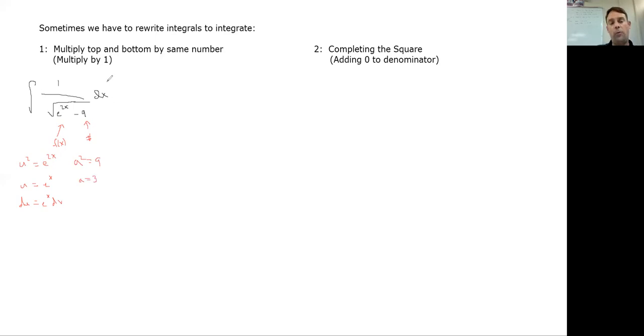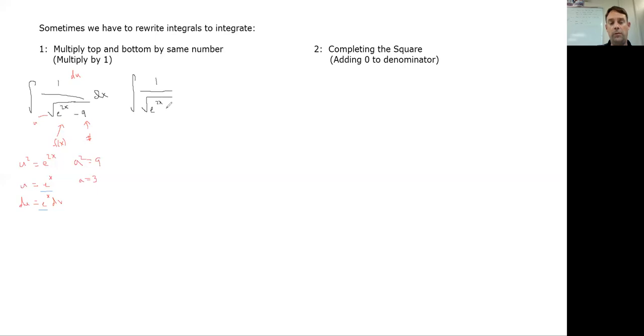Well, if you notice on this problem, if we know it's arcsecant, we're missing something in front of that radical. And that thing in front of the radical is supposed to be a u value. Up in the numerator is supposed to be du. And if you notice, our u is the same thing as our du. So we could actually take this integral and multiply it by the same value to get everything to work out and match up.